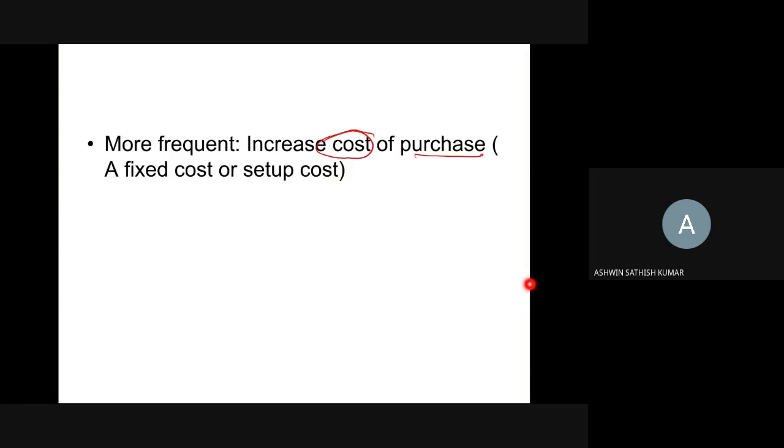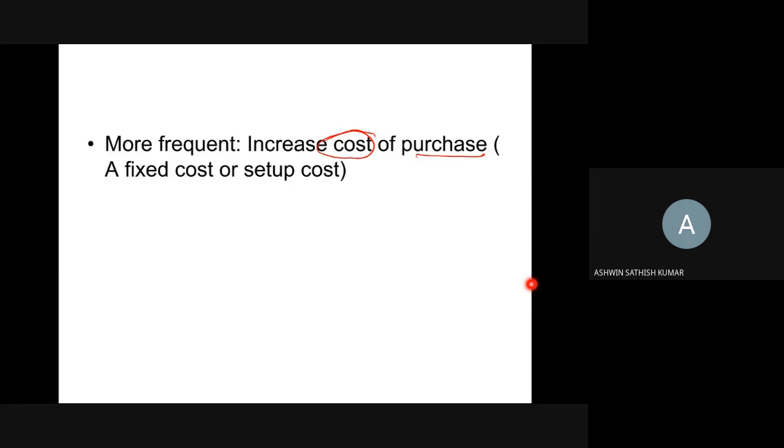Each time you have to call someone, you have to pay for the call. When you are going for purchasing, at that time you are not in your shop, in your inventory storage space, you are in the market. So that is the loss of time. So it increases the cost of the purchase.